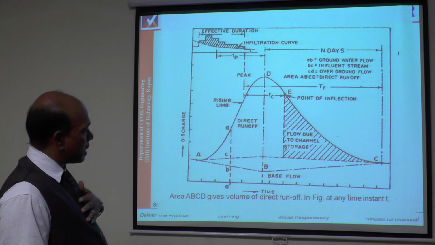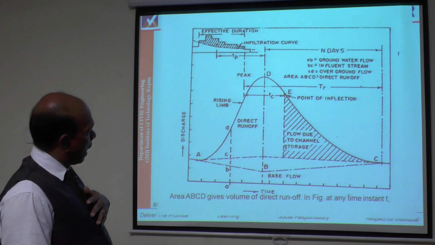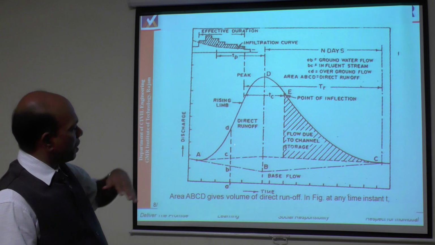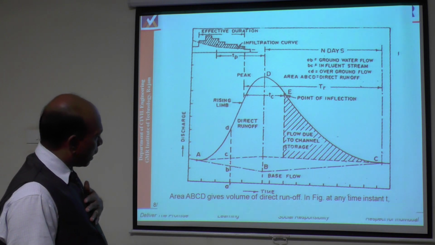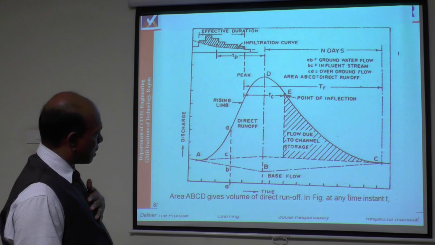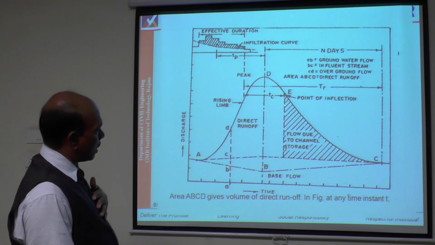B to C is the interflow or subsurface flow, and C to D is the surface flow. In our definition, the sum of interflow B to C and C to D is subsurface flow. The total depth is nothing but direct runoff.